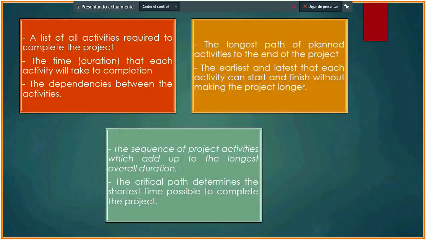In project management, a critical path is the sequence of project activities which add up to the longest overall duration. The critical path determines the shortest time possible to complete the project. Any delay of an activity on the critical path directly impacts the planned project completion date.